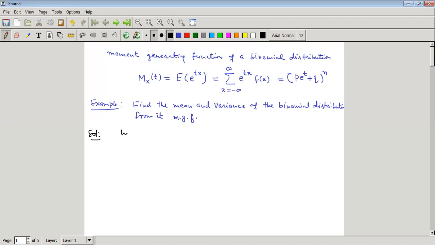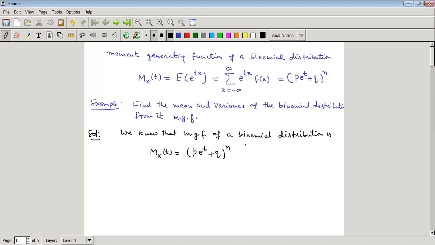We know that the moment generating function of a binomial distribution is M_X(t) equal to (p e to the power t plus q) whole power n.